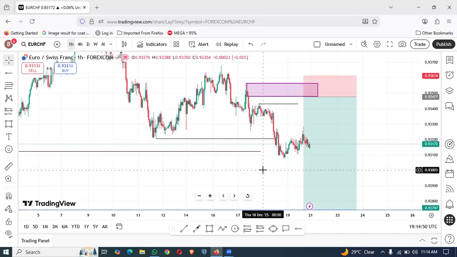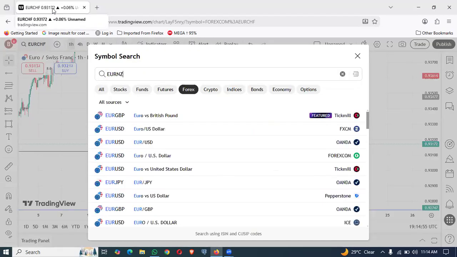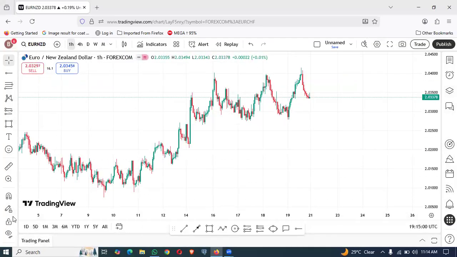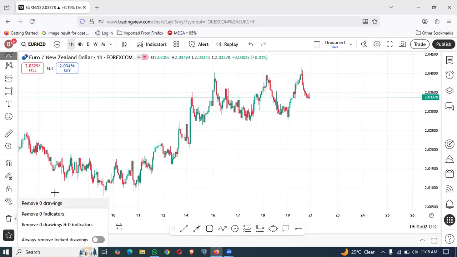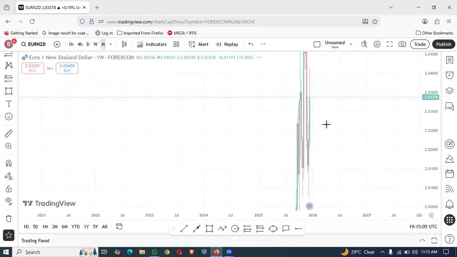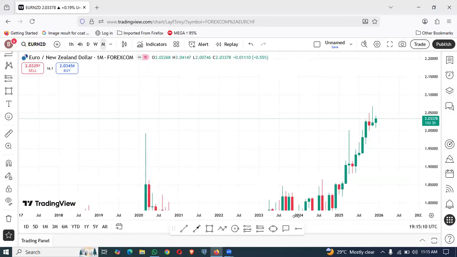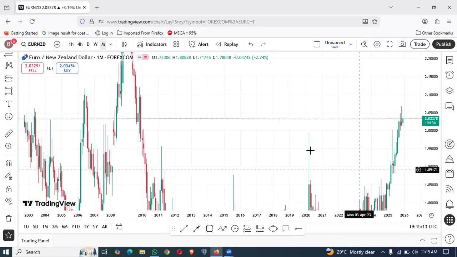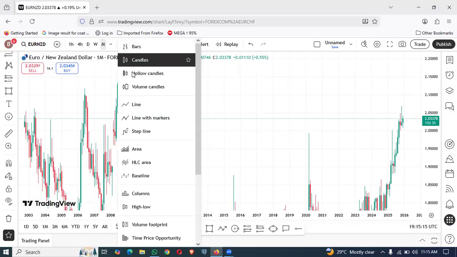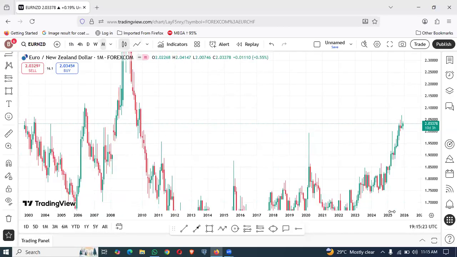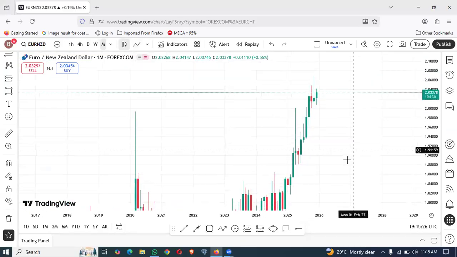Then the next pair we had there was Euro NZD. The same thing. Check your monthly chart. See what the previous months are doing. Same thing here.